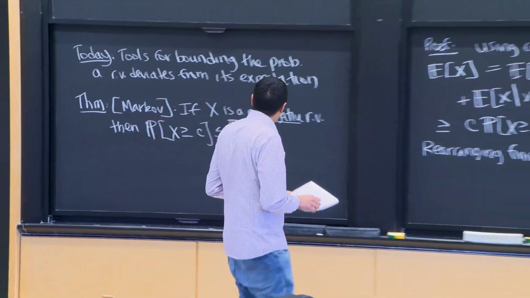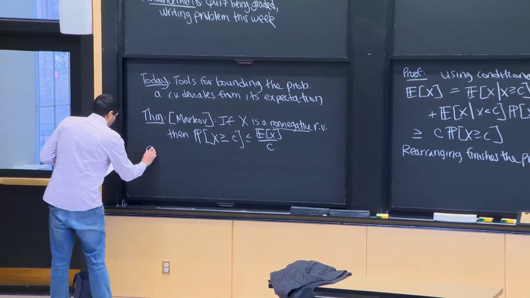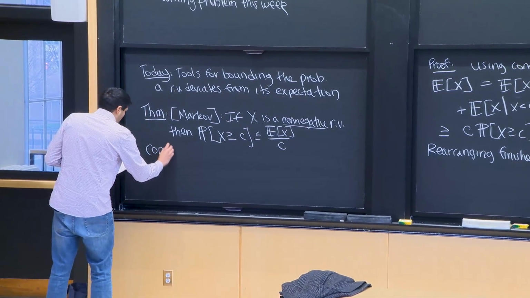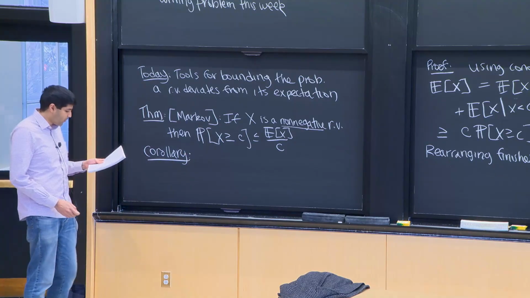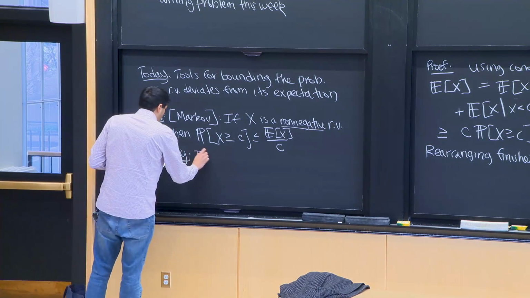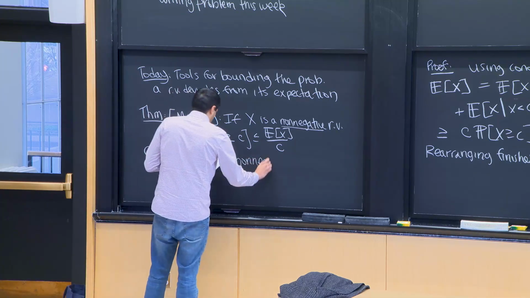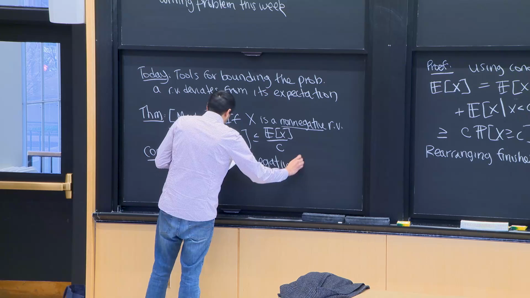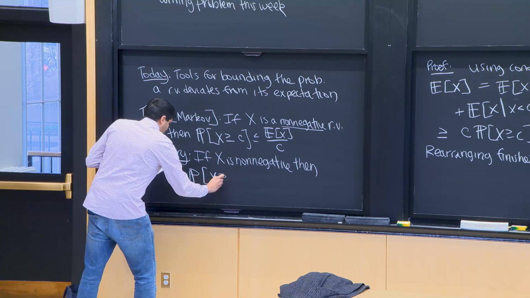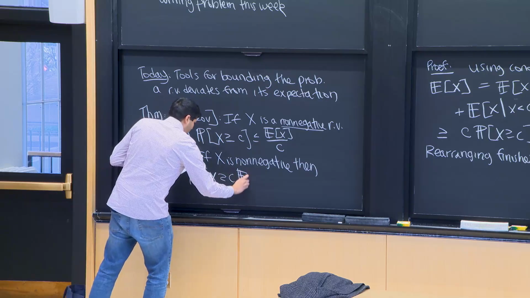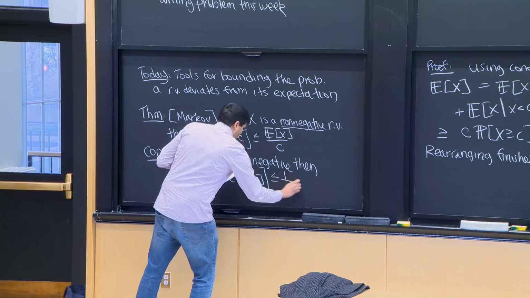Okay, so let me restate this in another form. I'll state it as a corollary. This is just a restatement of Markov's bound, but sometimes you'll find it convenient to invoke it in one form versus the other. So I claim under the same conditions, if x is non-negative, then the probability that x is at least c times its expectation E[x] is at most 1 over c.